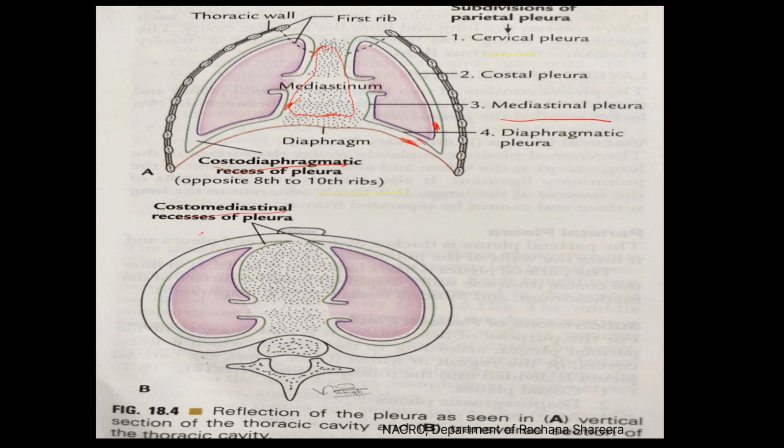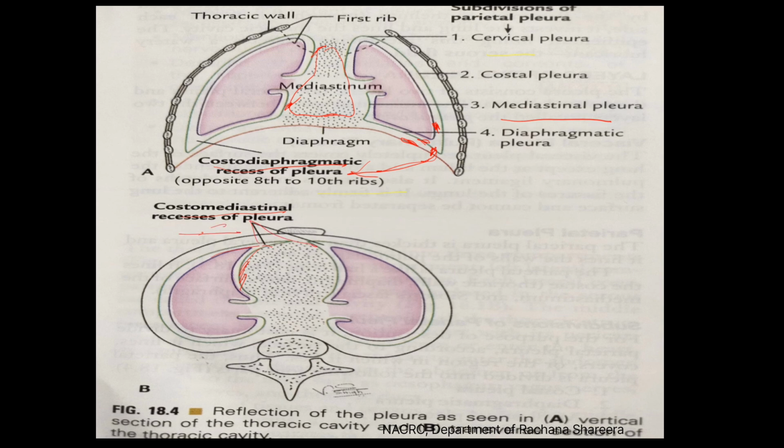Costal pleura and diaphragmatic pleura make a space called the costodiaphragmatic recess. Then in a transverse section there is a space between mediastinal pleura and costal pleura. It is called the costomediastinal recess.